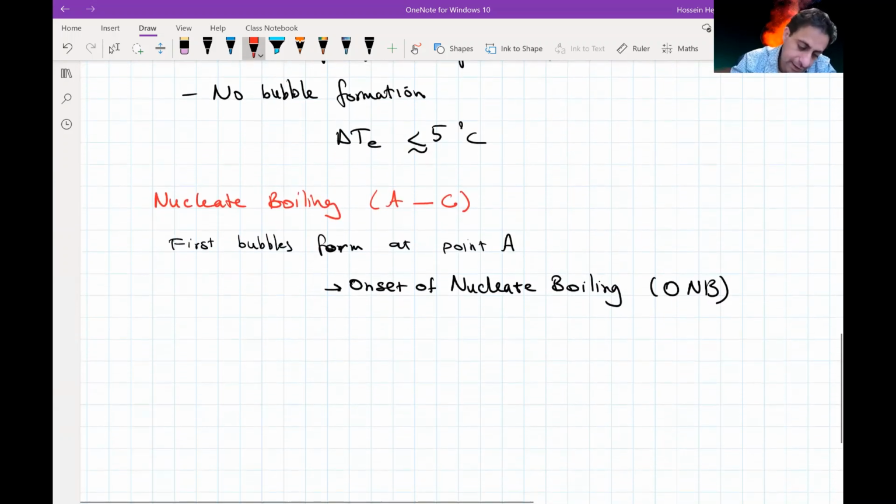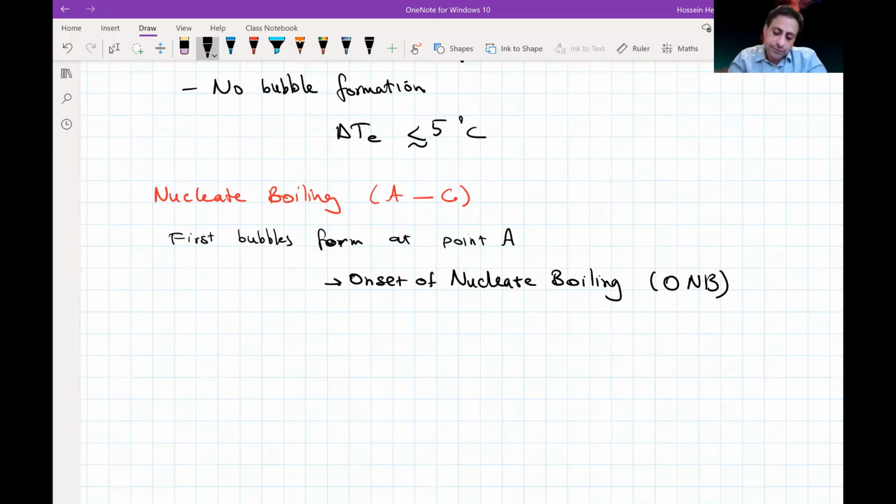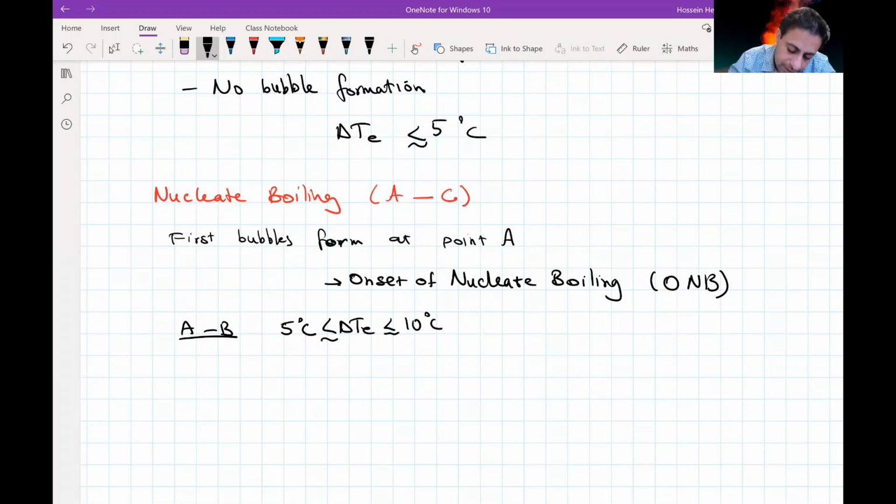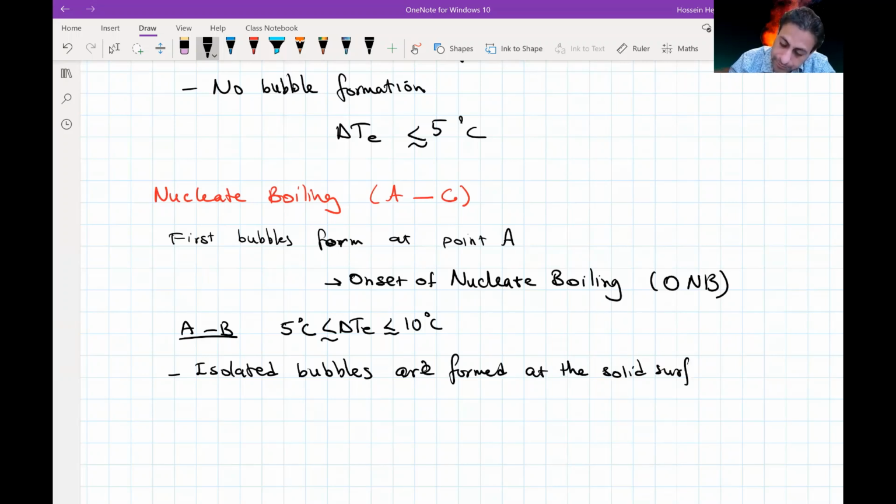That's for point A. Then when these bubbles are forming, we are between point A and B, where the delta T excess is less than 10 degrees C and greater than 5 degrees C. As we discussed, isolated bubbles are forming. Bubbles are formed at the solid surface or surface heater at various nucleation sites on the surface.